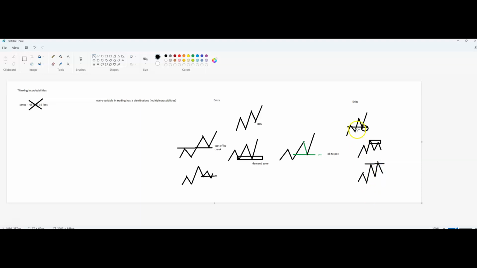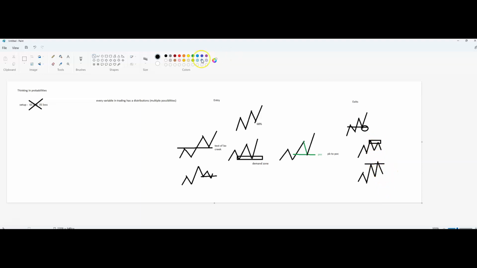So the first one was the hopes and dreams of that measured move, the nice big target. The second just went to resistance and pulled back. The third hit the new high, did not go all the way to the measured move, and then pulled back.